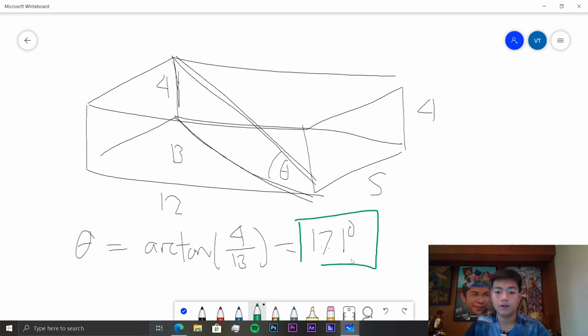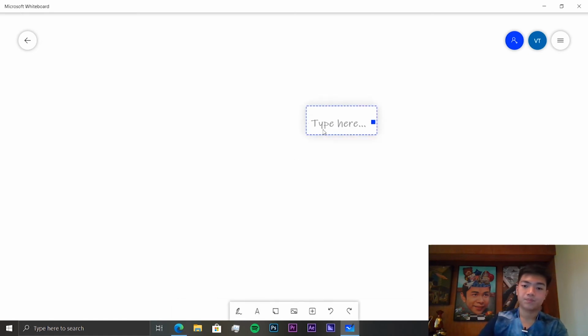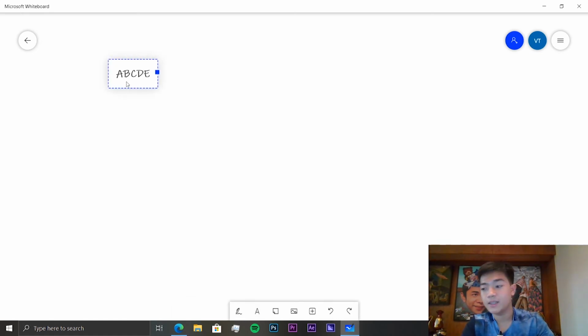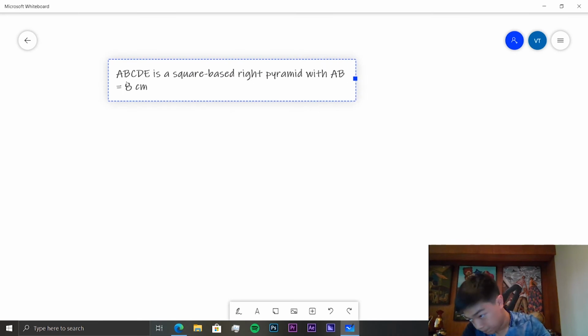Okay, finally, we have this figure. Oh, we have a word problem. Okay. So we have ABCDE is a square-based right pyramid with AB equal to 8 centimeters.